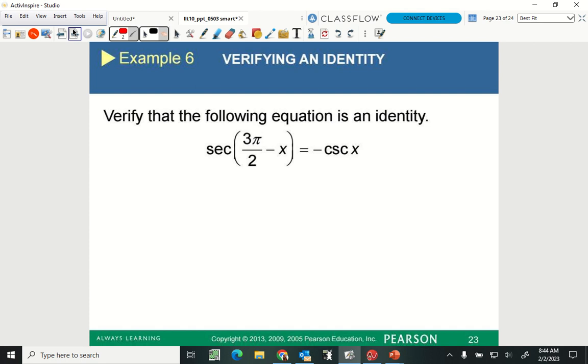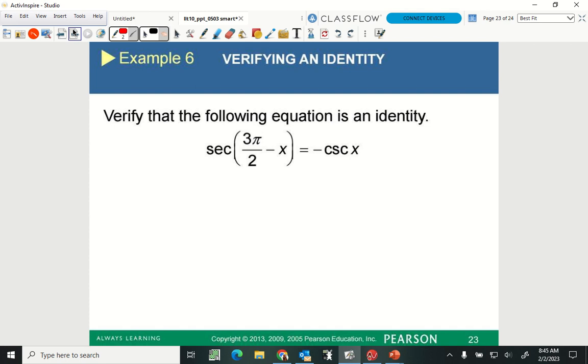Yeah, it goes with example 3. So to verify this identity here, we're going to go through and try to figure out all this stuff. So now, I have some identities.